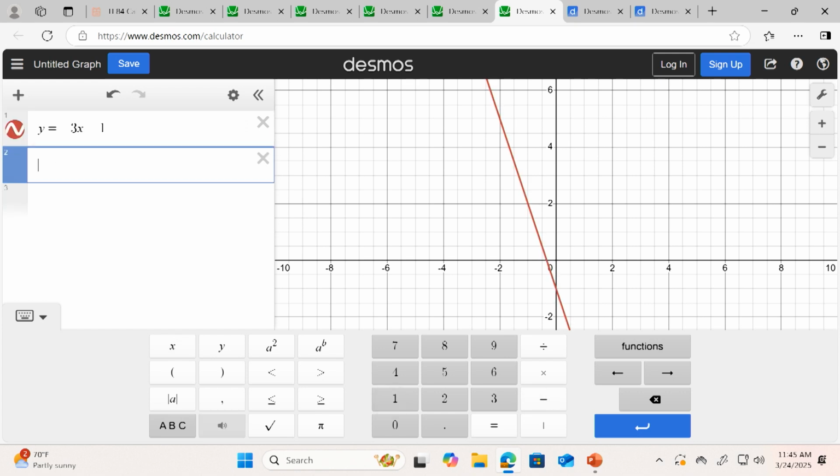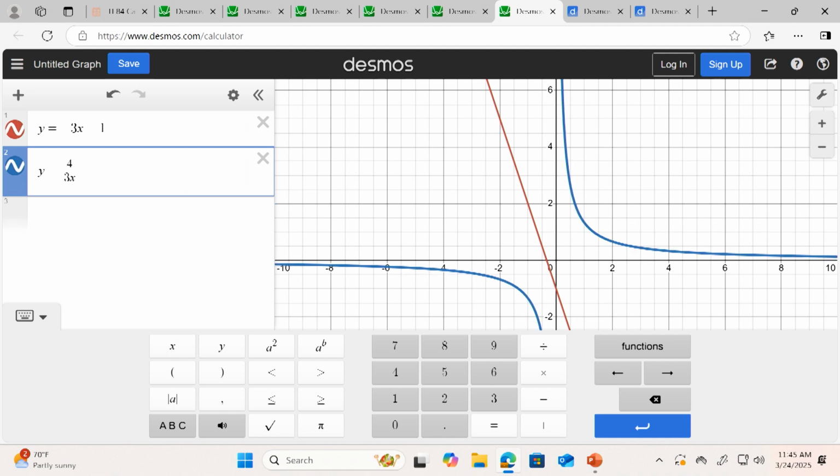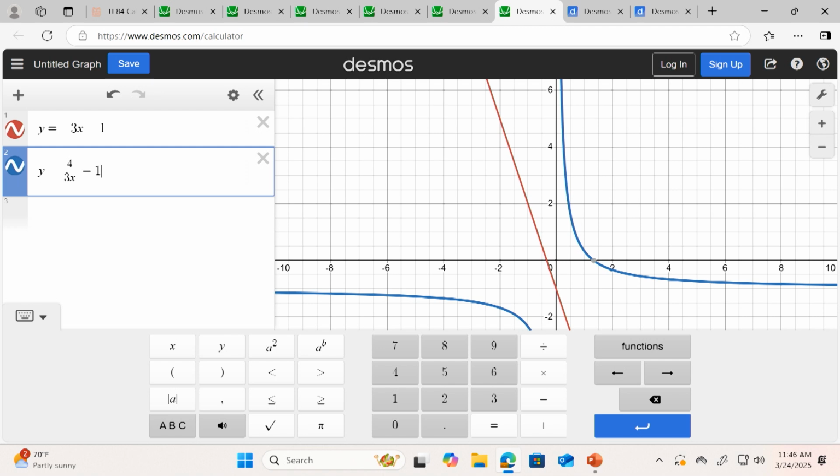Then I would have had y equals a fraction of 4 divided by 3, x minus 1. Another example of making sure that we arrow over and we put the correct equation in.